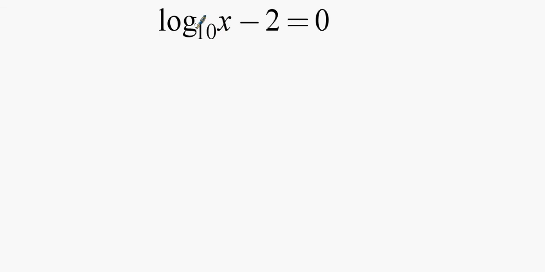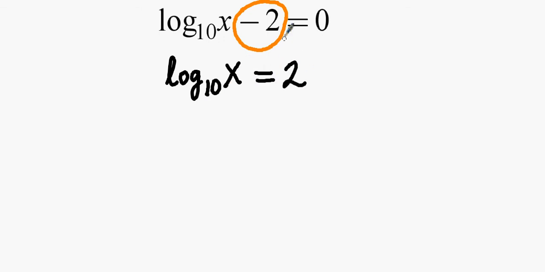Now we have log base 10 of x minus 2 equals 0. Now be very careful here. If you don't see any parentheses, this negative 2 is here by itself. It does not belong to the log. So we'll just rewrite this as log base 10 of x equals positive 2. We just took this negative 2 and moved it over to the right side, made it positive, because we added 2 to both sides.